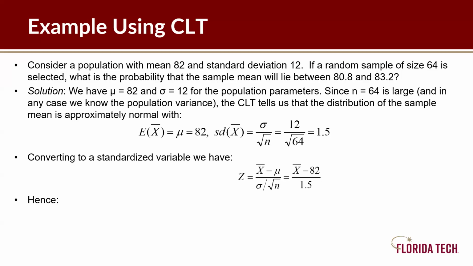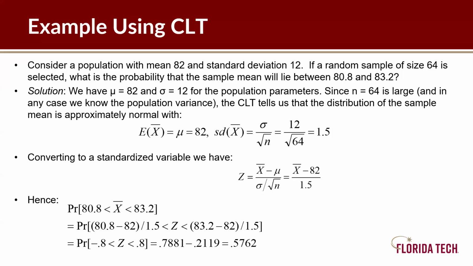So converting to a standardized variable, we have x bar minus mu divided by sigma over root n. That's x bar minus 82 over 1.5. That's going to be a standard normal, right? So the probability a standard normal is between negative 0.8 and positive 0.8 works out to be 0.5762.